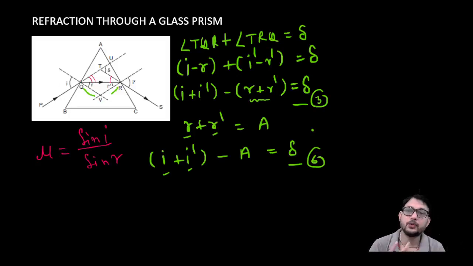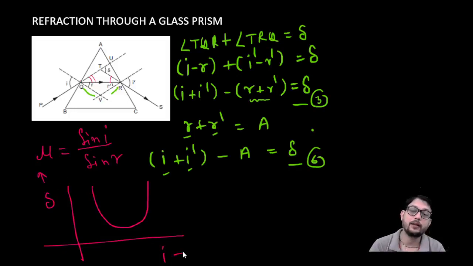For this we have to go through the practical of the prism. When we do the experiment in the lab, we find a graph like this. This is a graph of angle of deviation with respect to angle of incidence. Angle of incidence and angle of deviation in case of a prism have a unique graph, a U-shaped graph.